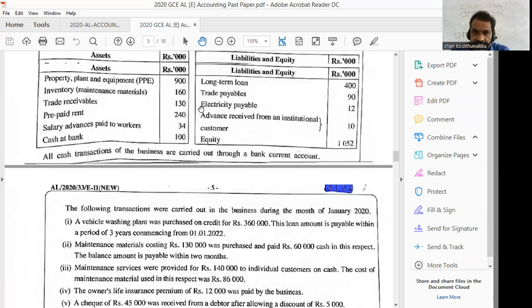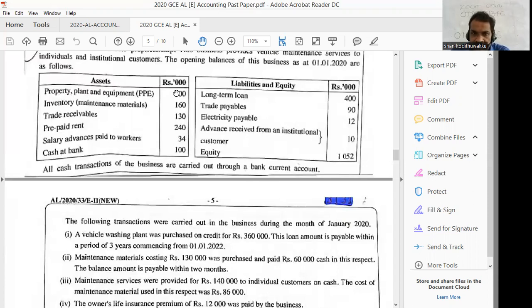Then here you are given property, plant, equipment 900,000, inventory 160,000, trade receivable 130,000, prepaid rent 240, salary advances paid to workers 34, cash at bank 100. Then all the values are given in 1,000. Here on the top they have mentioned.